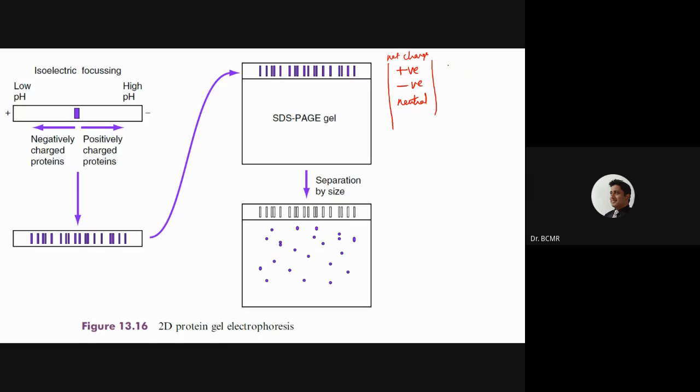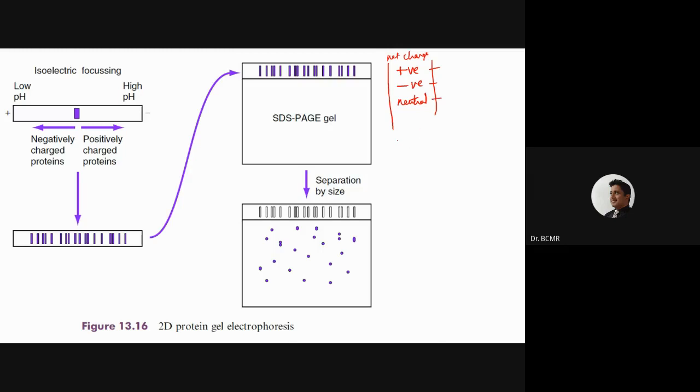The amino group is the positive charge, and the carboxy or the acidic group, COOH, is the negative charge. But they may have additional negative or positive charges on their side chains. Based on that, the amino acids can be basic or acidic or neutral.